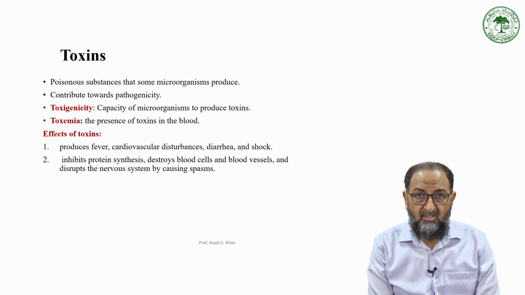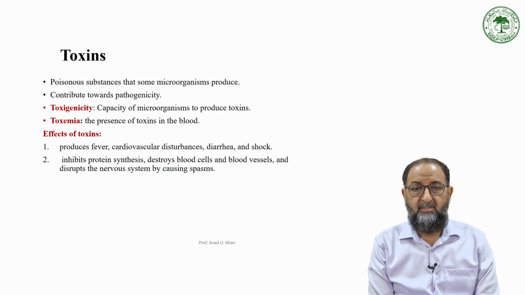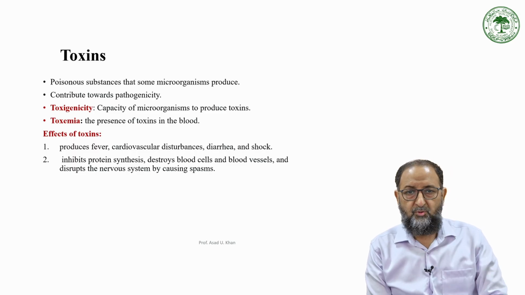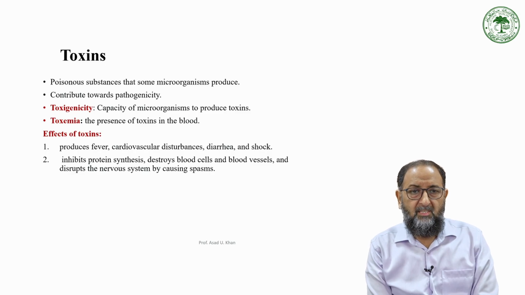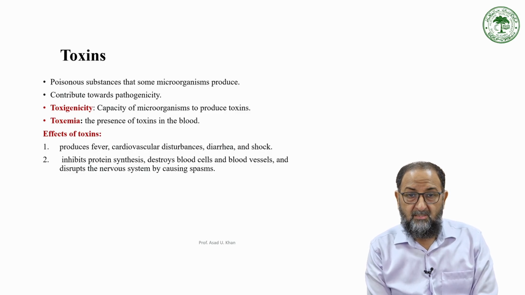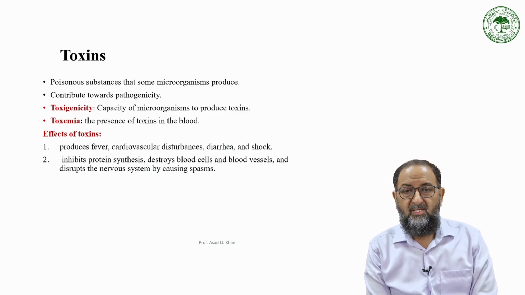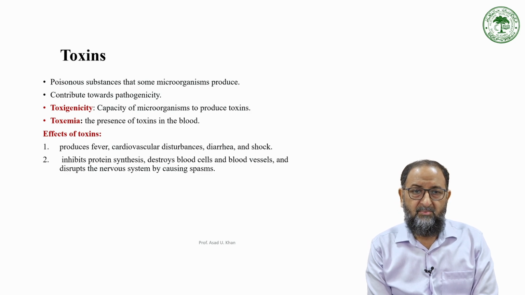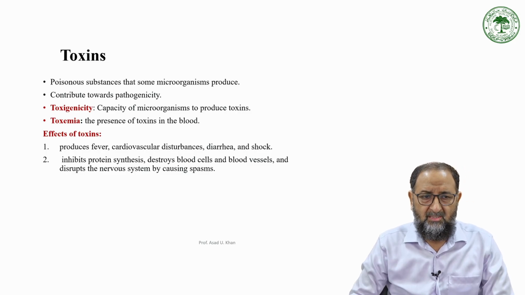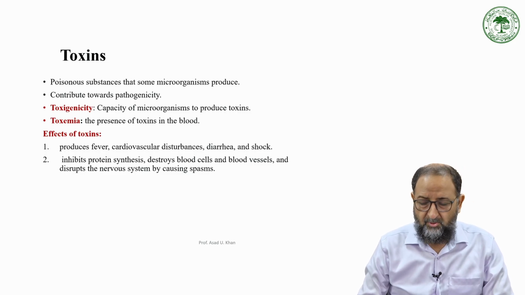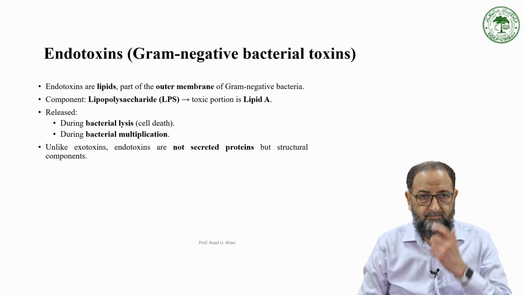They produce fever, allergic reactions, cardiovascular disturbance, diarrhea, and shock. They inhibit protein synthesis, destroy blood cells and blood vessels, and disturb the nervous system by causing spasm. So all these outcomes of toxins are basically responsible for damage to the host cell.